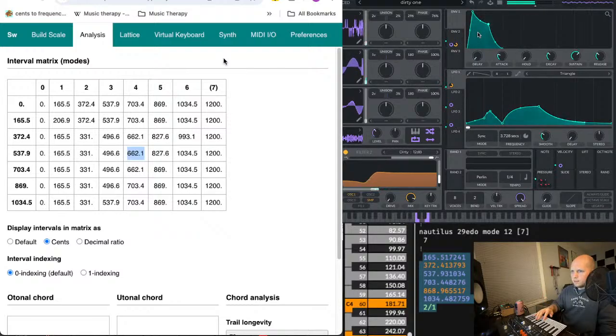There's a clean fifth. So hopefully you can hear that. These are much more stable sounding than these. So back in the ugly ones.